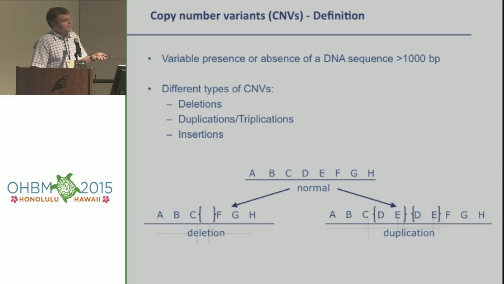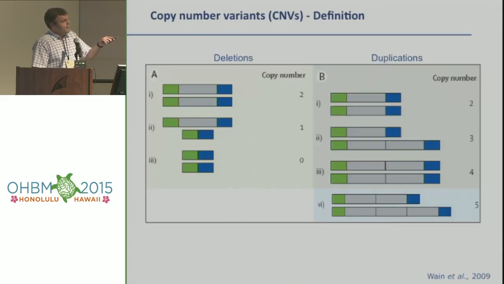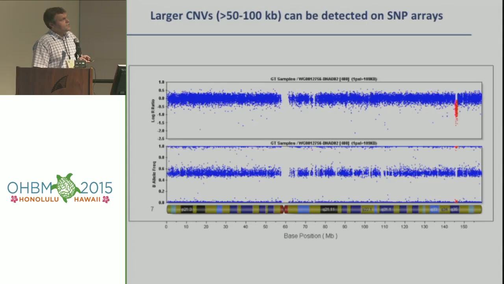You can have a deletion of more than 1,000 base pairs on certain chromosomes in the population, or you can have a certain part duplicated. And so you can have different genotypes for these deletions and duplications. So either no deletion, homozygous; no deletion and deletion, heterozygous; and deletion, homozygous. And the same for duplications.